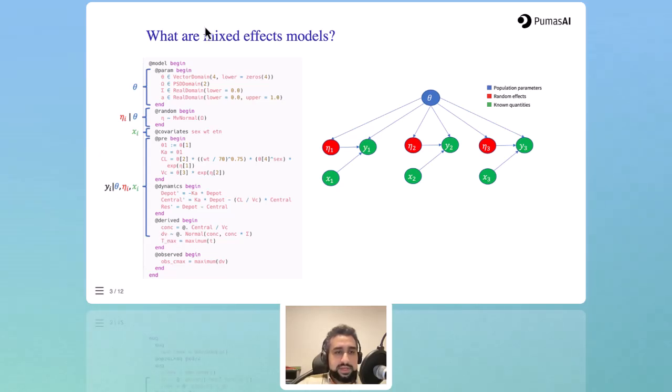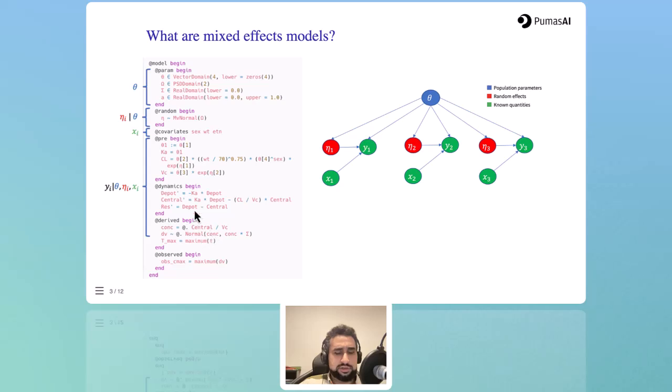But again, it's implied that everything after the param block is subject specific. The random block is subject specific. The covariates, obviously each subject will have different covariate values. And then the pre block and the dynamics and derived blocks are all subject specific. So this here is basically yi for a specific subject. It's a normal distribution with mean equal to this value here, the concentration variable, and then some proportional error model.